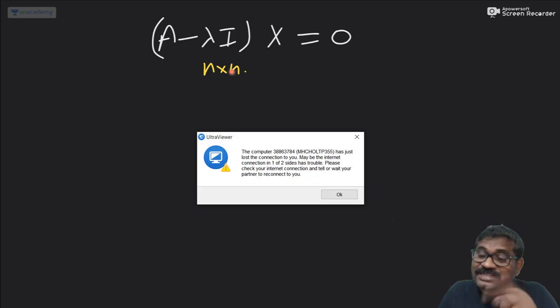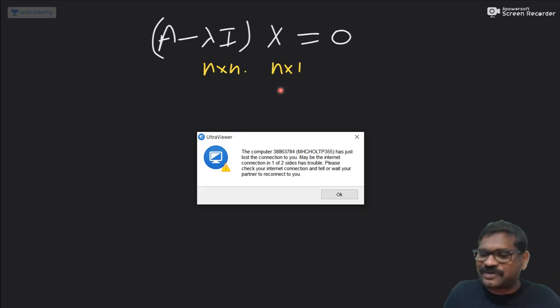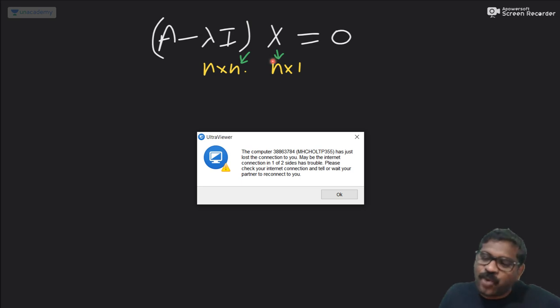If A minus lambda I is n cross n, x must be n cross 1. Why n cross 1? It is a column vector. A minus lambda I and x are in multiplication. Multiplication is possible only when the number of columns in the prefactor equals the number of rows in the postfactor. Then only they are compatible for multiplication.